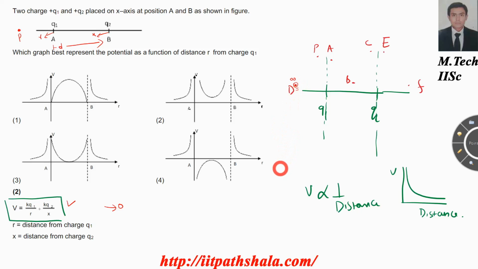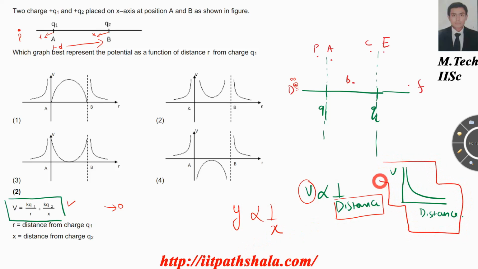Now let me give you an idea of how you will plot a graph of V versus the distance. You have the same situation as y versus 1 by x, so you can plot the graph in the following manner. In mathematics you have studied that.